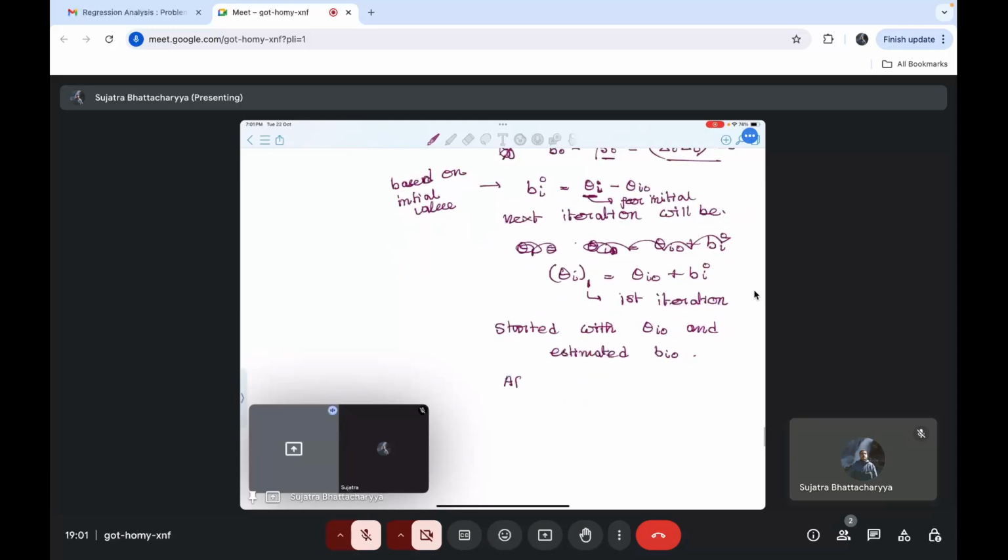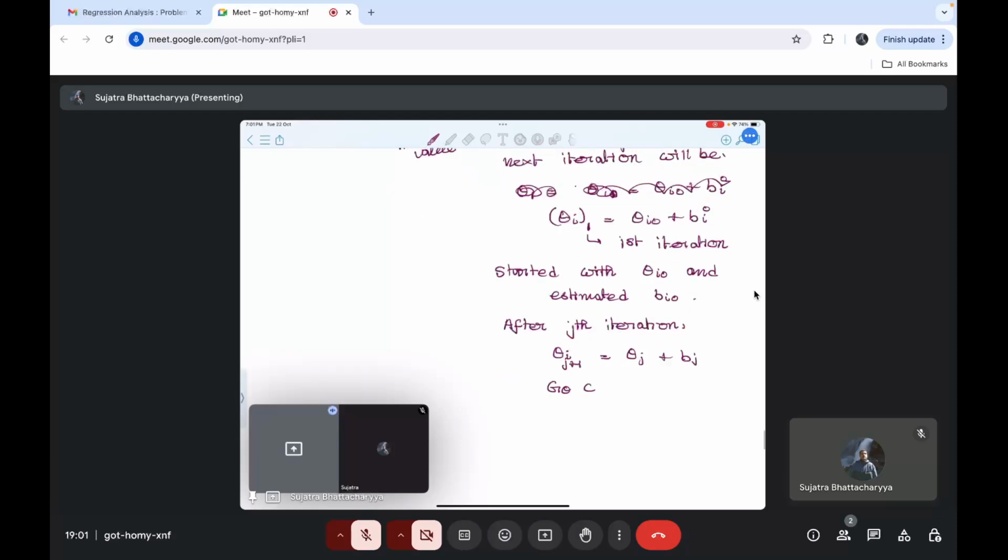Now after, say, the jth iteration, your theta of the ith parameter at iteration j plus 1 is theta j plus b j, something like that. And you have to go on till theta i of j plus 1 minus theta i of j is less than some tolerance limit delta, which can be say 0.0001, whatever.